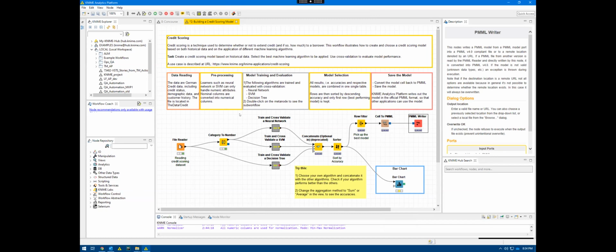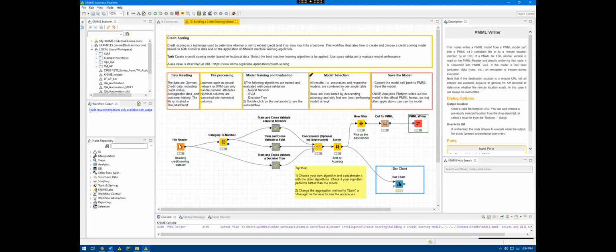In this particular case, it's downloading the data, then processing it, the usual converting nominal data to numerical data as part of pre-processing, and then it will run through different models like neural nets, SVM, and decision tree.